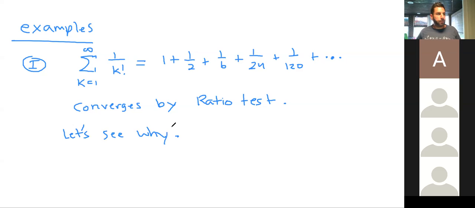All right, so don't forget, I'll write this on the next page because I'm going to go to the next page. So let's beat this one to a pulp since it's our first example. Here, let's note that a sub k is 1 over k factorial.